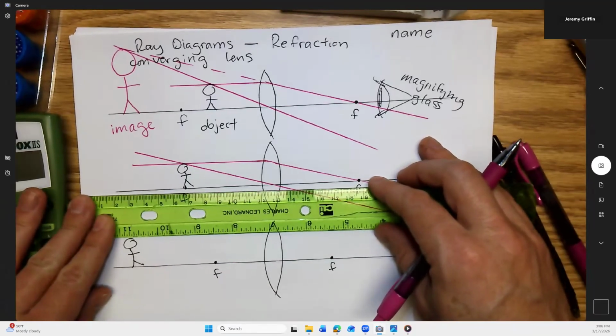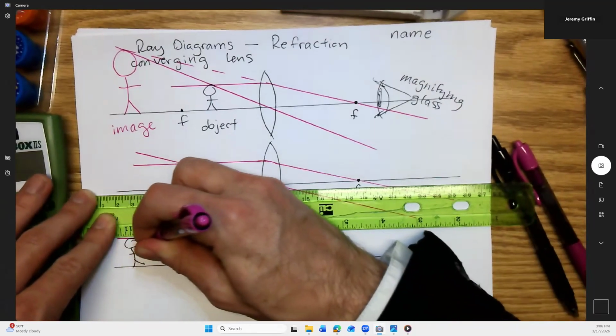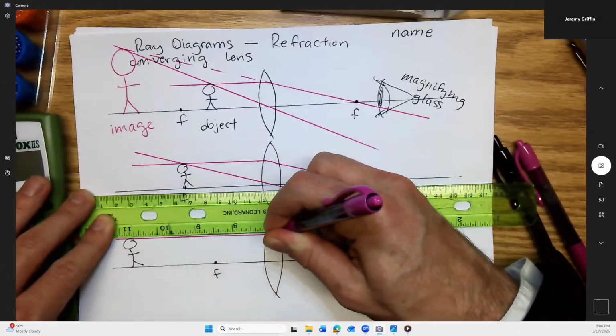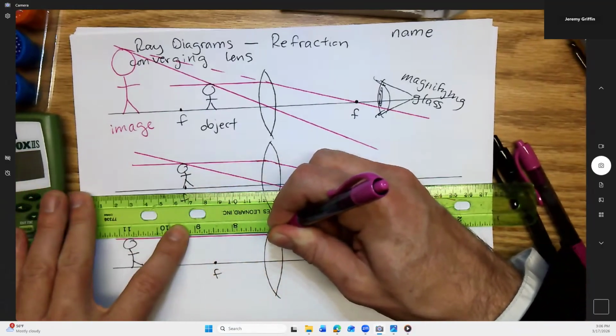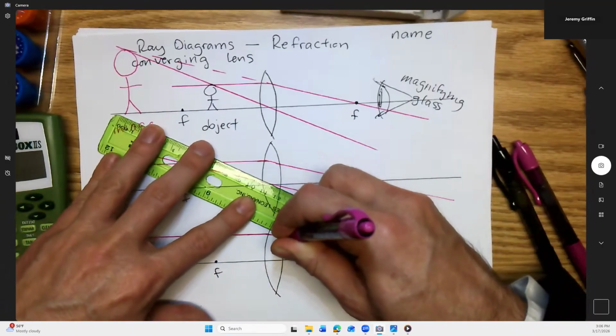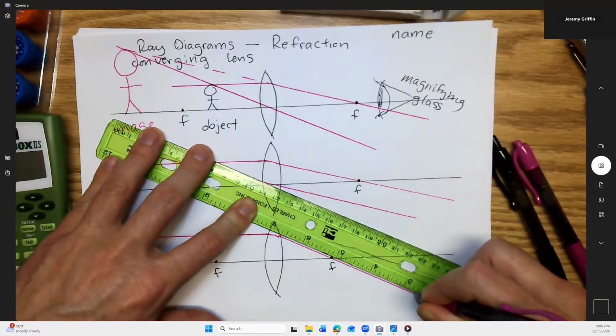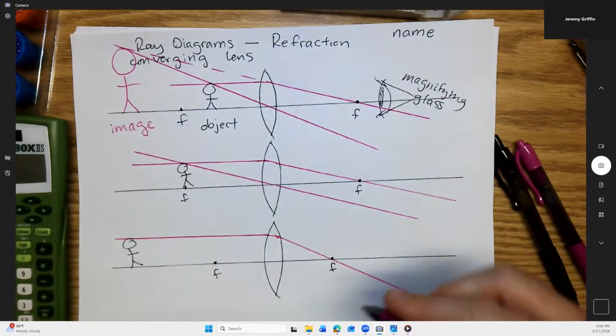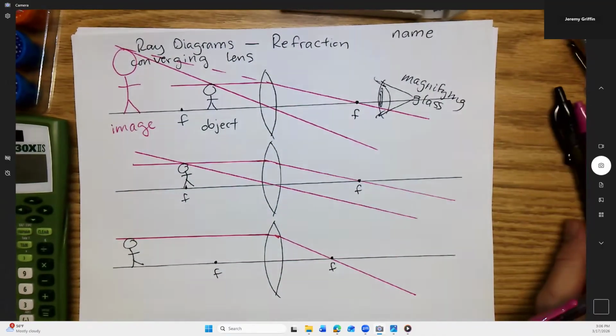We'll follow one line across the top of his head parallel to the ground. Okay. And that's going to refract through this focal point. About like that. And what's the last line from where to where?